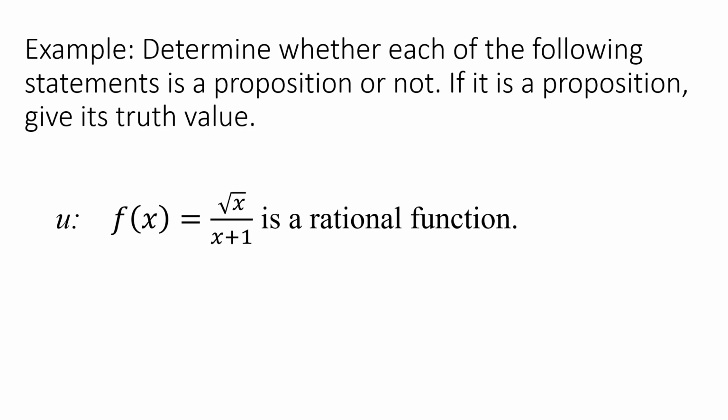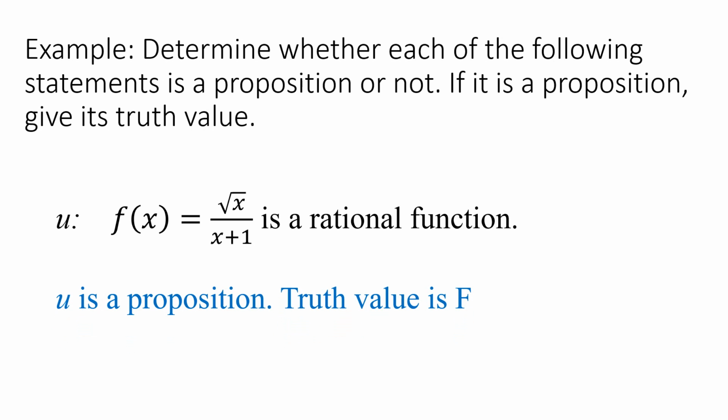So, this is again a declarative sentence. Since the numerator of the function is not a polynomial, the function is not irrational, and so the statement is false. But the statement U is a proposition.